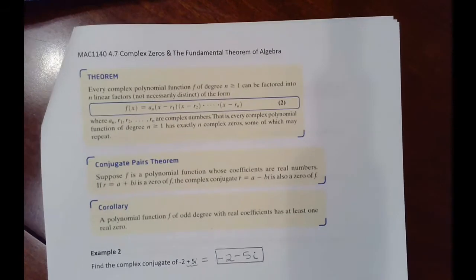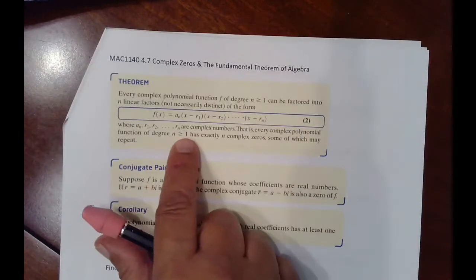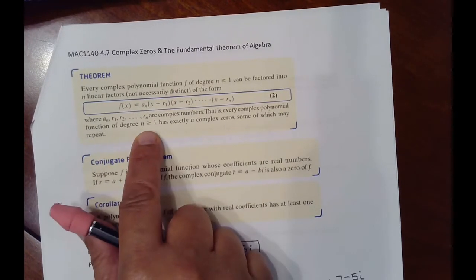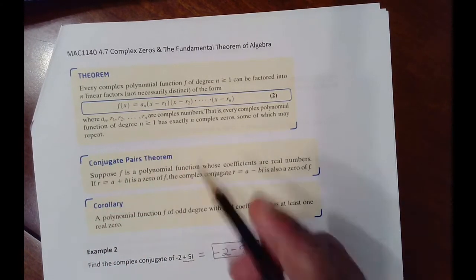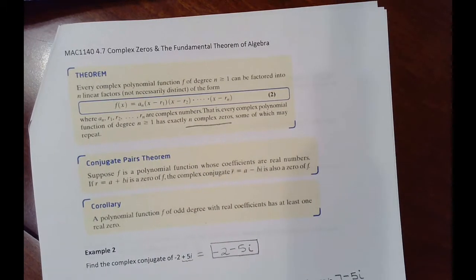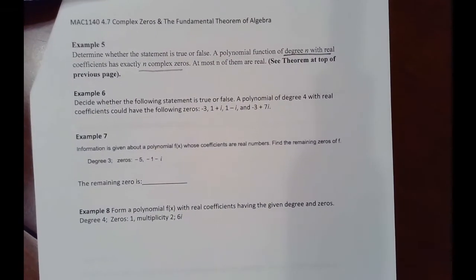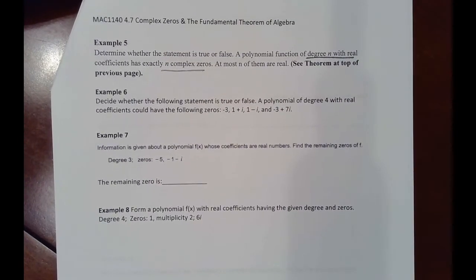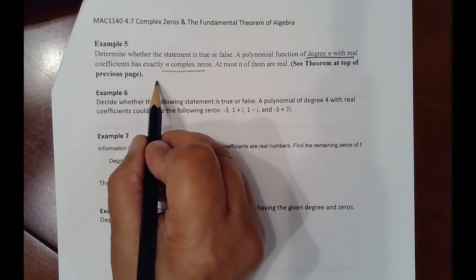That was this one, and it says it right there at the bottom of the theorem. Anything with degree n greater than 1 has exactly n solutions. The degree determines how many solutions there are. And that's probably something that you're very familiar with. Really make a point of that so that the student knows how many solutions to look for. Okay, so this is true.